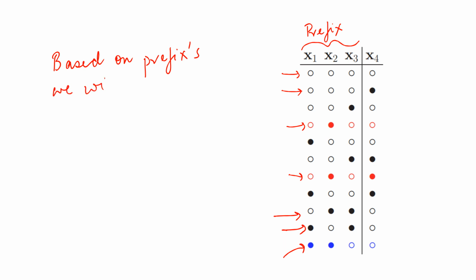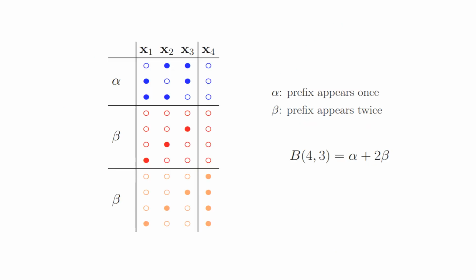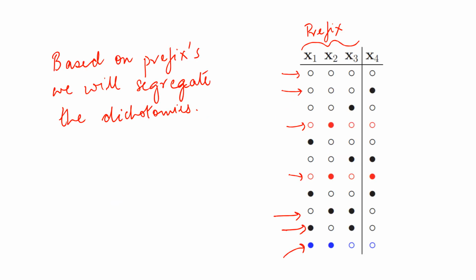We will segregate, as you will see, the dichotomies. Okay, great. How is that going to happen? Let's go here. So this is how we just segregated them. And again, even before moving here, let me show you what's going on, right?